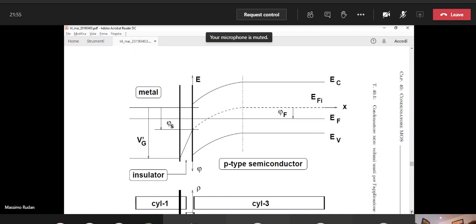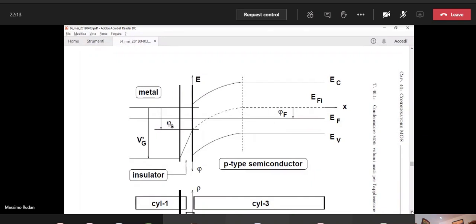If the insulator layer is made of some other material, then it is deposited. It is formed beforehand and then deposited on top of the silicon layer.